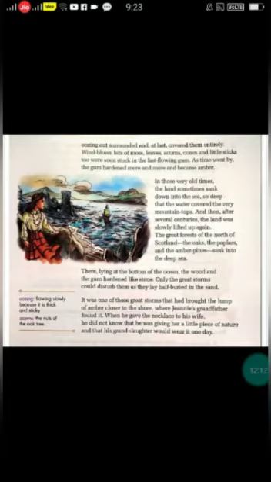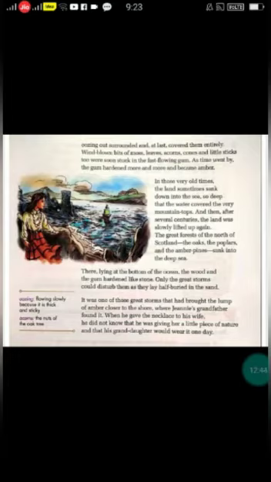So just imagine how strong that storm was, because all these ambers were down deep inside the sea, right? Due to that great storm only, they came up where Jennie's grandfather found it.